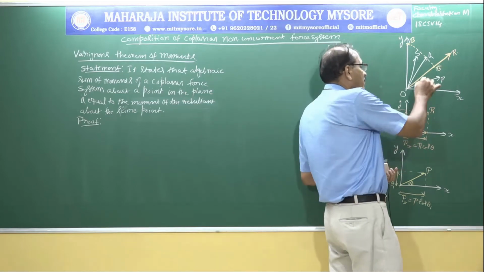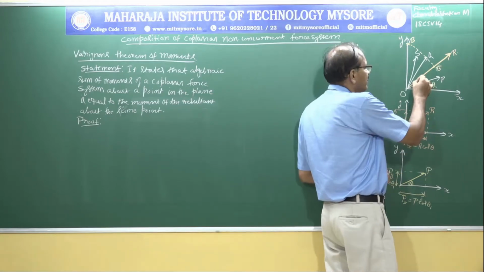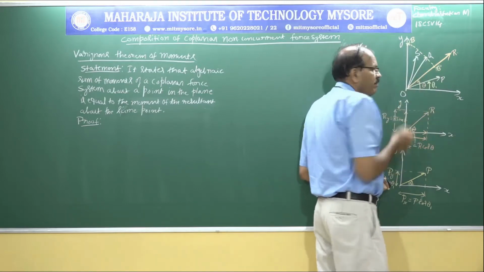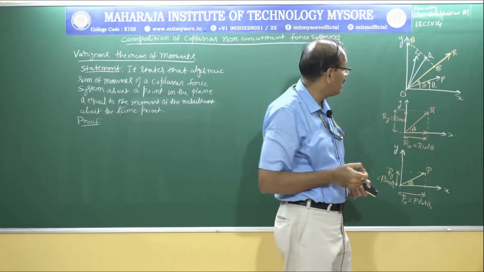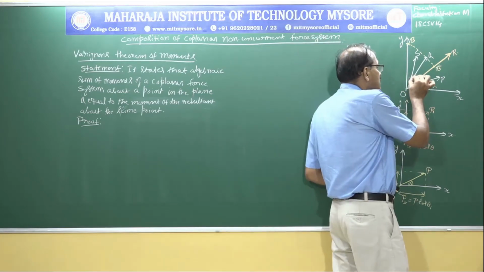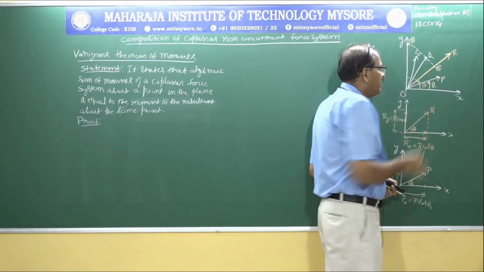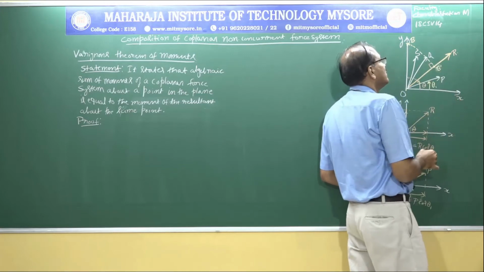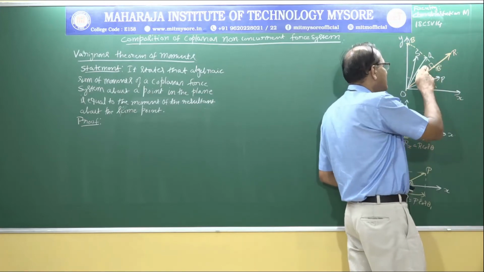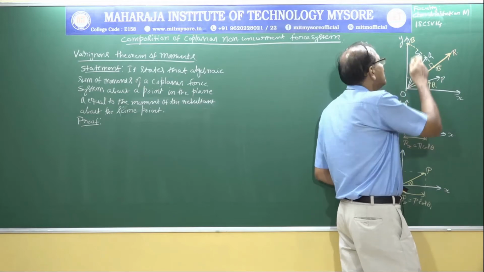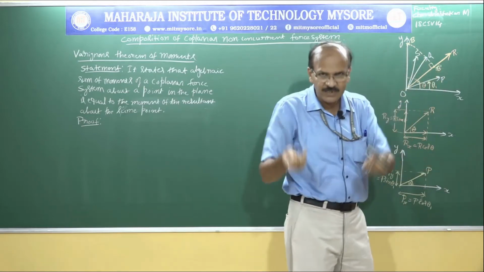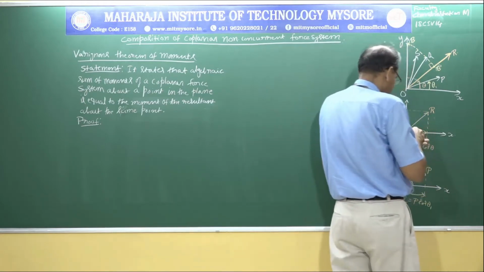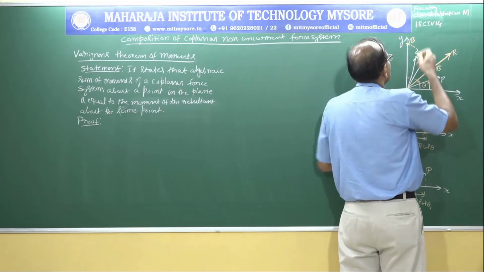So, if this is theta, if I consider this triangle, that is triangle OBB dash, this is 90 minus theta, and of course this is 90 degrees. So in this triangle, if this is 90 degrees and this is 90 minus theta, this should be 90 minus of 90 minus theta, that is equal to theta. So this is angle theta.